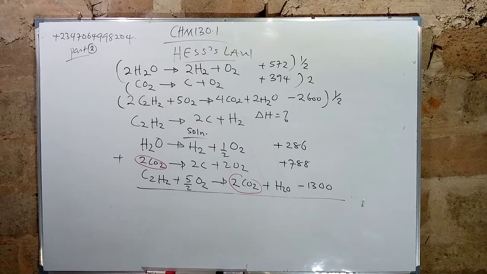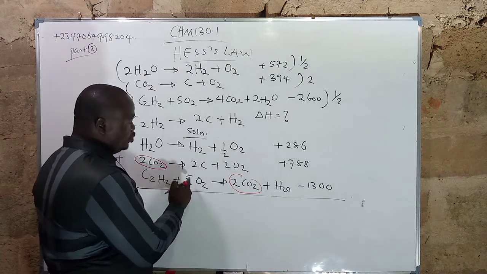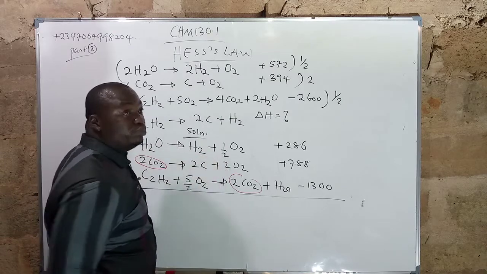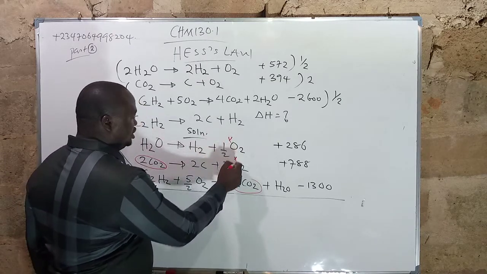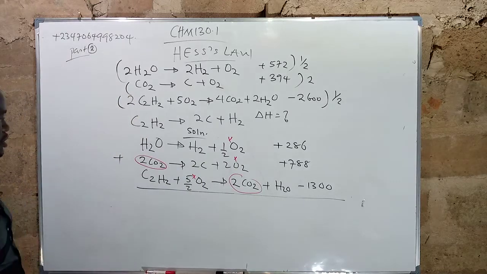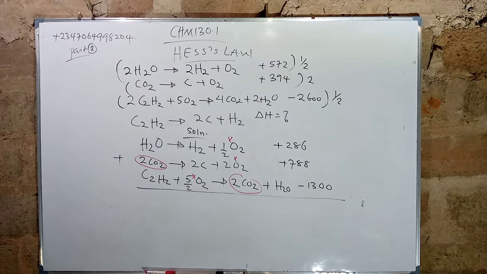Now we have 1/2 here. Look at this thing. 5 divided by 2 is 2.5, is it not? Here is half plus 2 is 2.5. So both of this oxygen will cancel out. Are you seeing it? So we are left with just this.